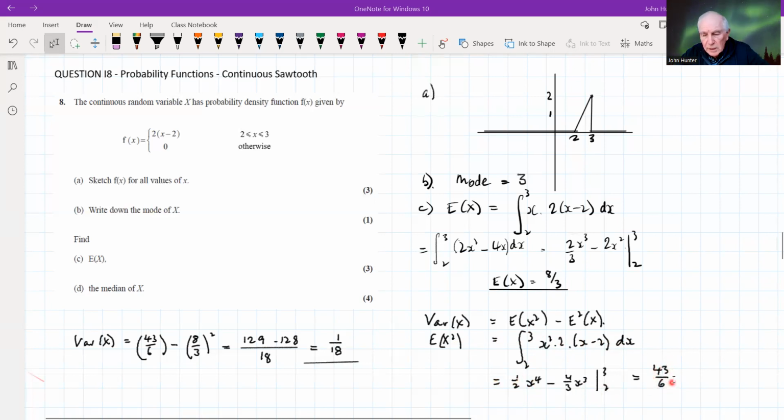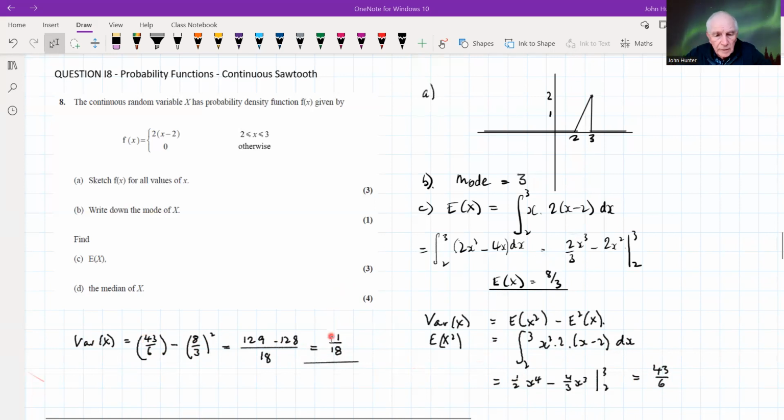That would be the expectation of x squared. So going back to the variance of x, if we stick the values into that expression, we get 43 over 6 minus 8 over 3 squared, giving us 1/18. So that would be the variance of this random variable.